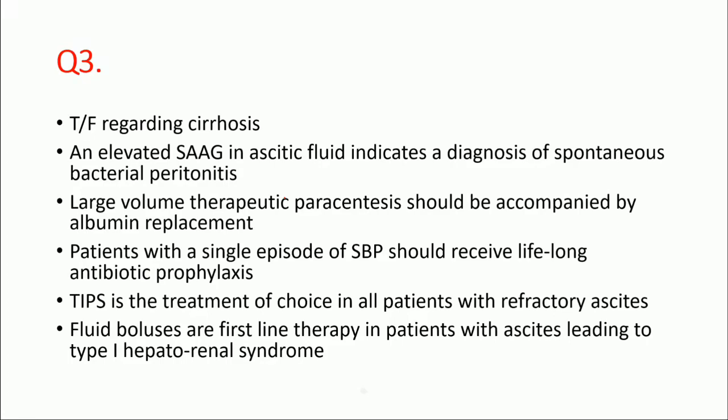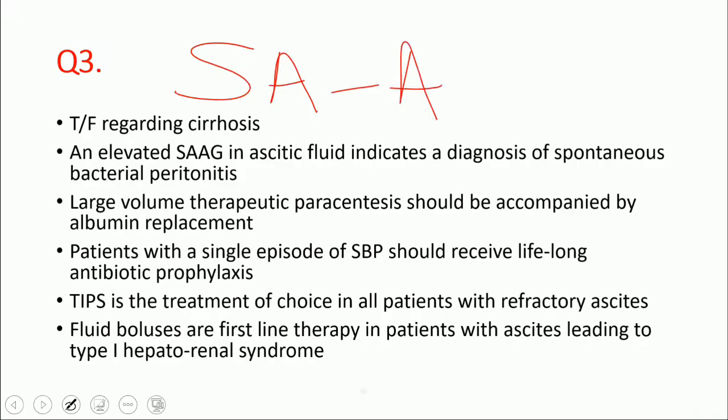So remember that the ascites you get in cirrhosis is a low protein ascites, or a transudative type ascites. But we don't use the word transudate here. We measure it by a special index, which is called the serum ascitic fluid albumin gradient. So serum albumin minus ascitic fluid albumin, right? So that's called the SAAG.